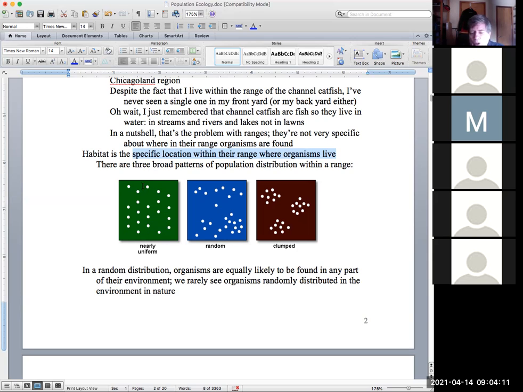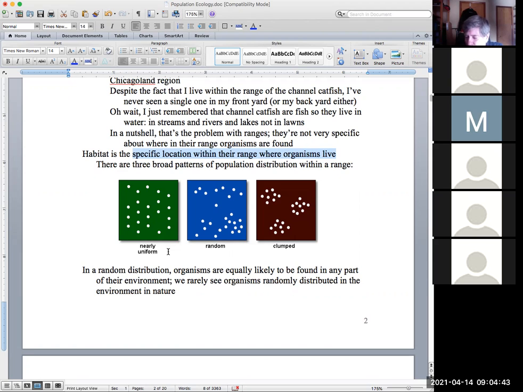So there are two patterns that we typically see in nature. One is a pattern that's labeled as nearly uniform. A lot of times it's just referred to as a uniform pattern. And in a uniform or nearly uniform pattern, because no pattern is completely uniform, the organisms that we're looking at are spread out approximately equally throughout their environment.